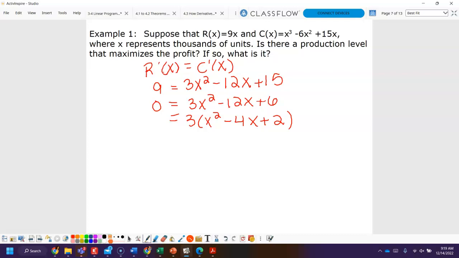So you would find your derivative 0 by quadratic formula or calculator.